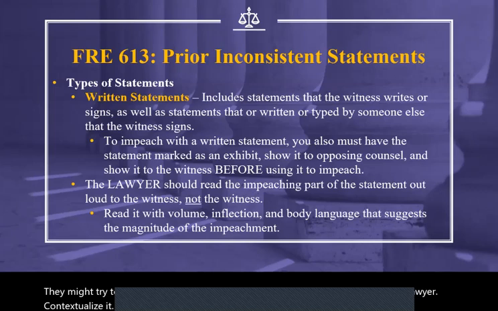And when it comes to reading it, your volume, your inflection, and your body language should suggest the magnitude of the impeachment, right? So if they stumbled over something relatively insignificant, but you don't have anything else, you're going to do it, but you're going to do it in a fairly nice manner, right?